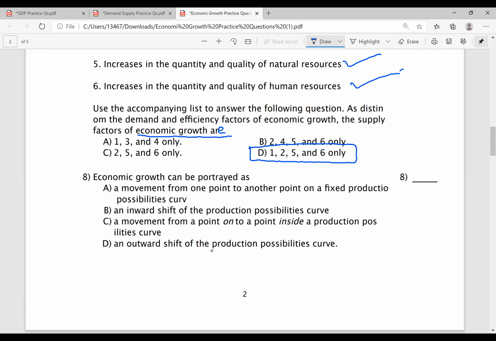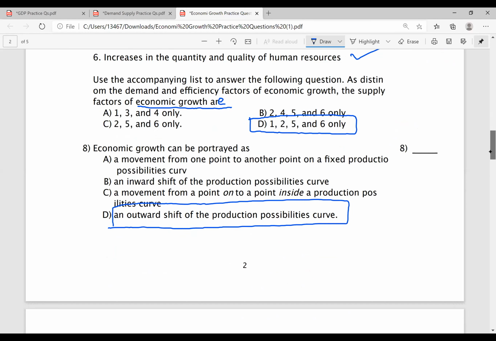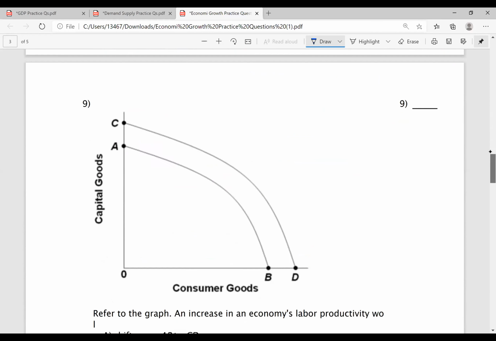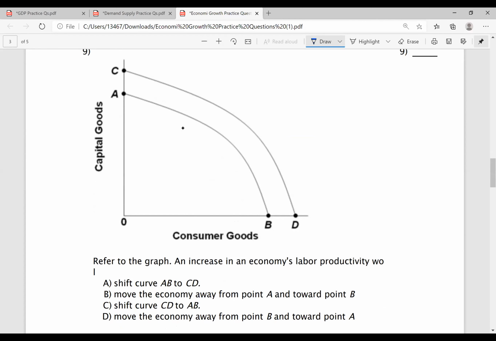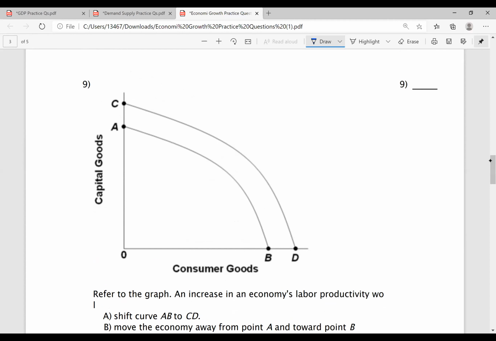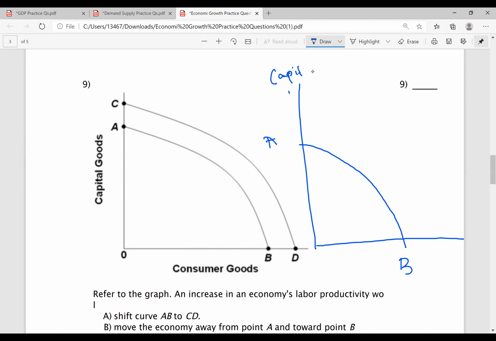All right, there is something called a production possibility curve in your chapter here, which I'm going to show right now. So this is a production possibility curve, and this shows us how much can be produced in the economy. Say initially, my production possibility curve is AB. So I have capital goods on the vertical axis and consumer goods on the horizontal axis.